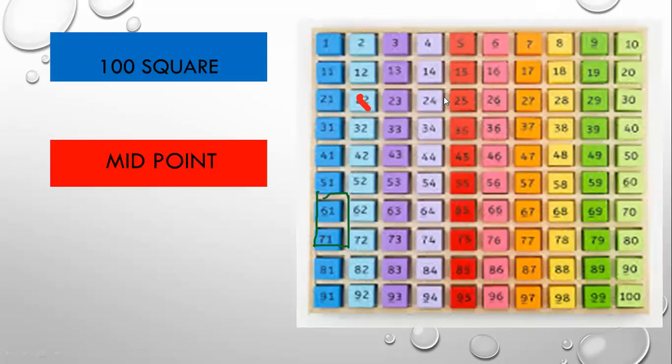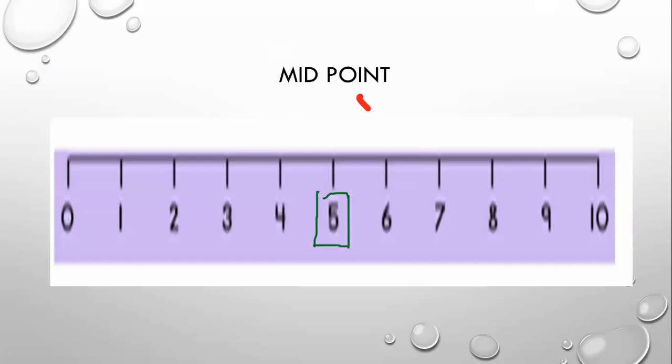Here, what is the middle number from 1 to 10? 5. From 11, 12, 13, 14, 15, so 15 is going to be our middle number.